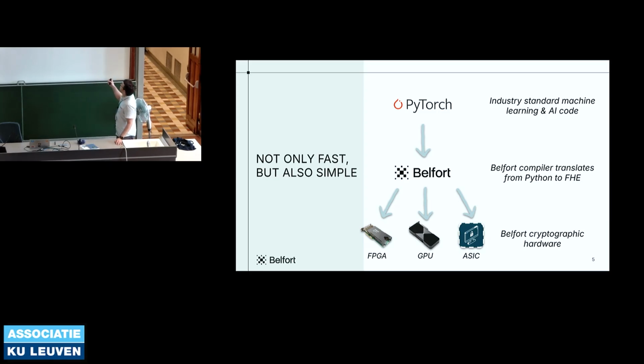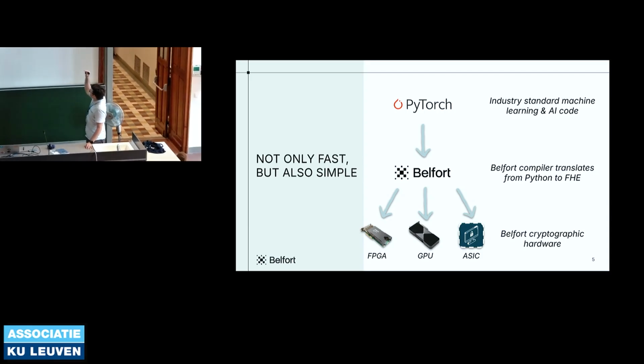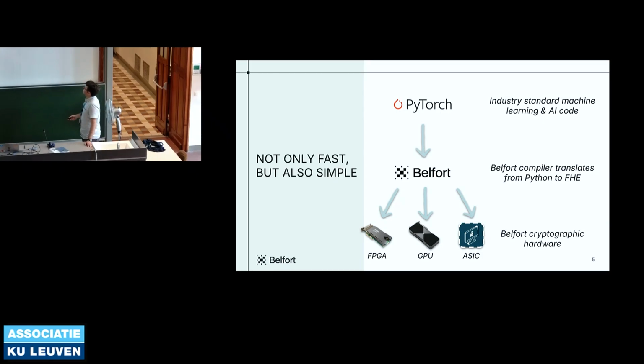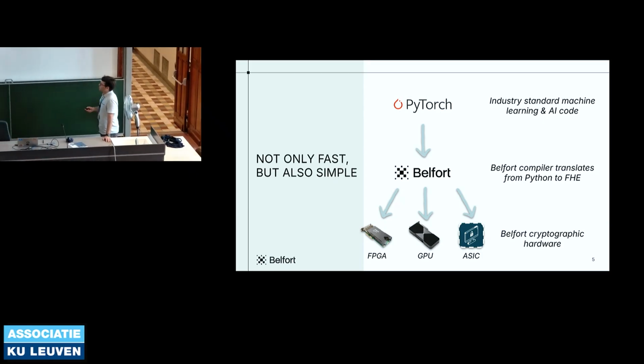Then we compile it down to one of our hardware accelerators: FPGA if you want TFHE, GPU if you want CKKS, and right now we're also working on an ASIC, which would also target CKKS.